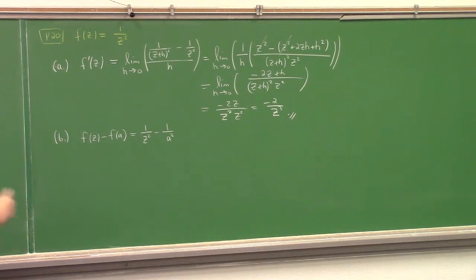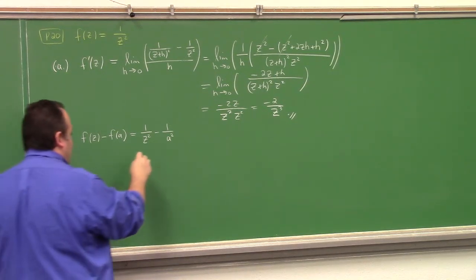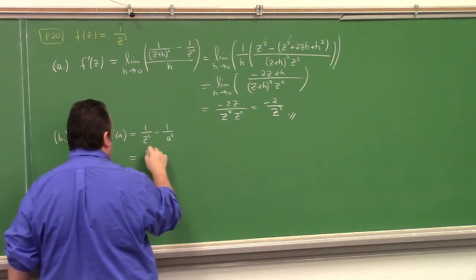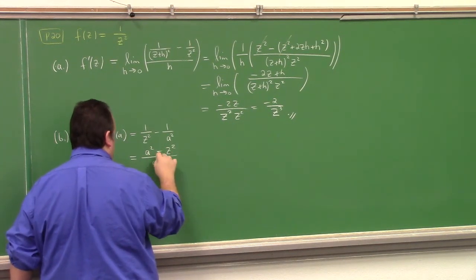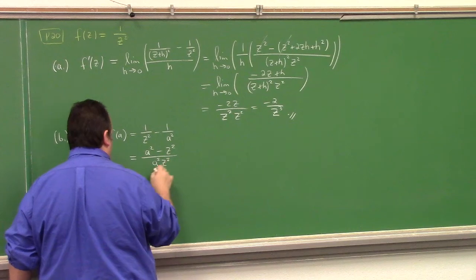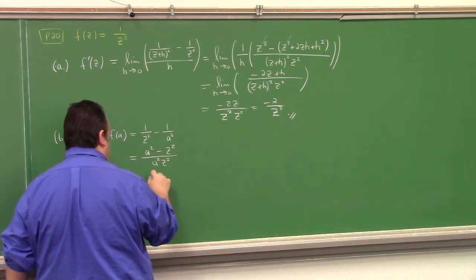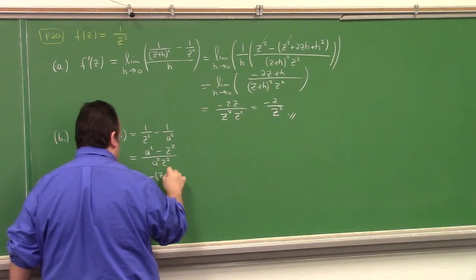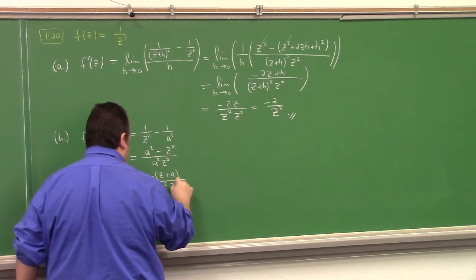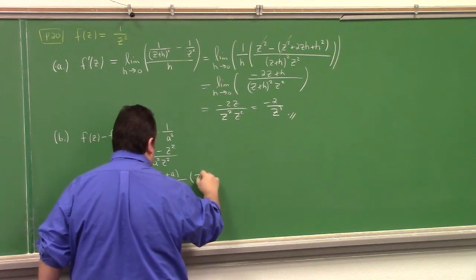If I make a common denominator here, I get (a squared minus z squared) over a squared z squared. Or this is minus (z plus a) divided by a squared z squared times (z minus a).